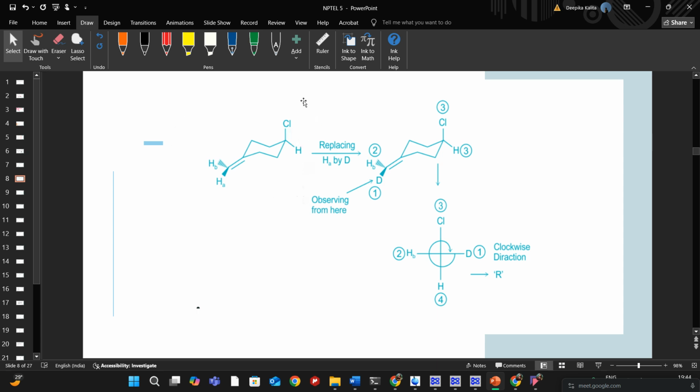Here we have taken the first molecule which is given, and first we are going to replace this HA proton by a deuterium atom.